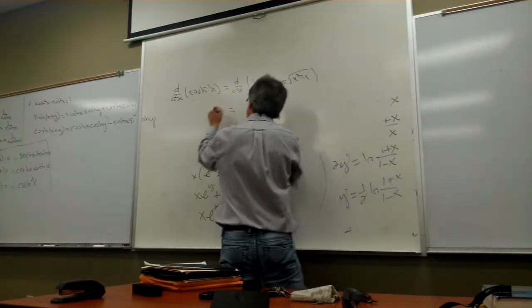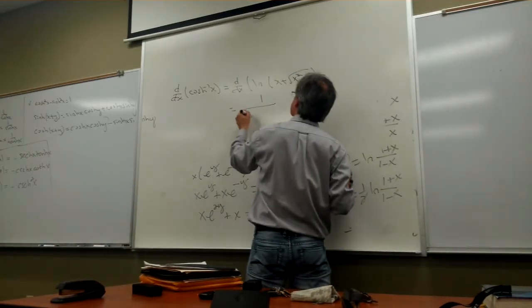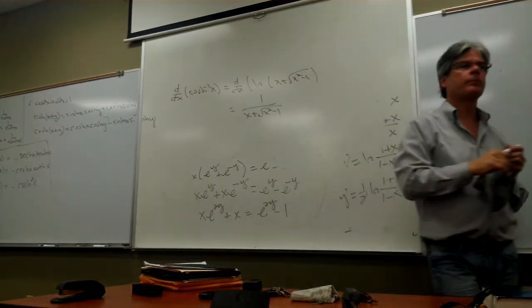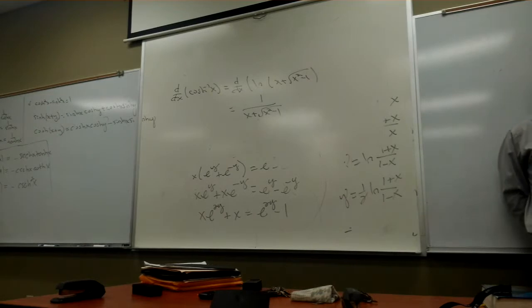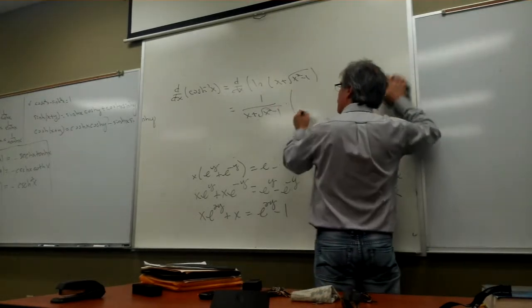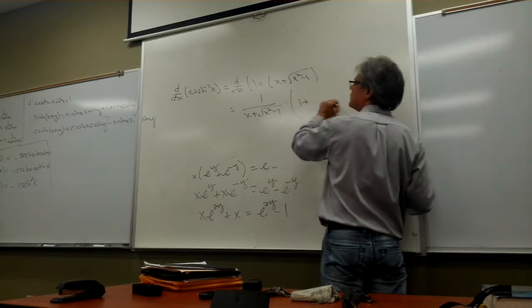So let's do it. Chain rule. Did I do it? Chain rule. Oh, I missed a chain rule. Actually, the chain rule says multiply by the derivative of what's downstairs, but that'll just be this.